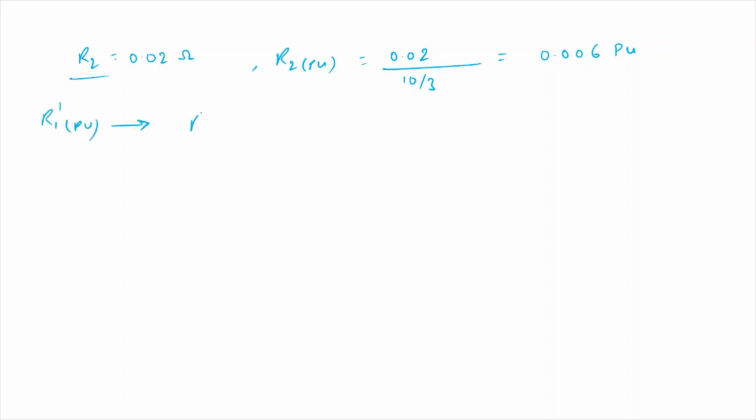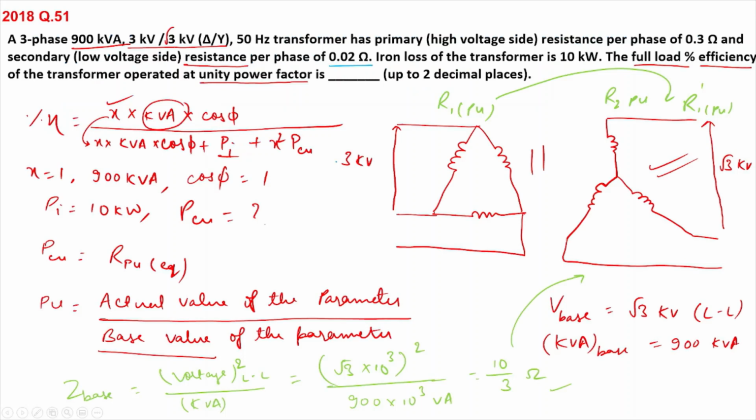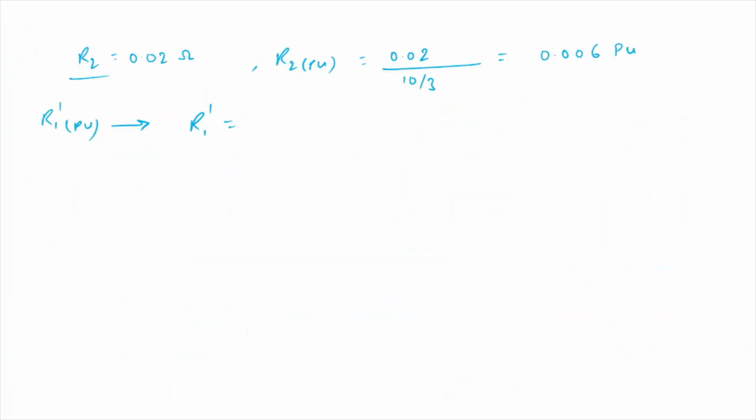For that, we will calculate R1 dash first, and R1 dash would be nothing but R1, and R1 is 0.3 ohm. So here it is 0.3 into V2 phase divided by V1 phase, and that is nothing but the turns ratio.